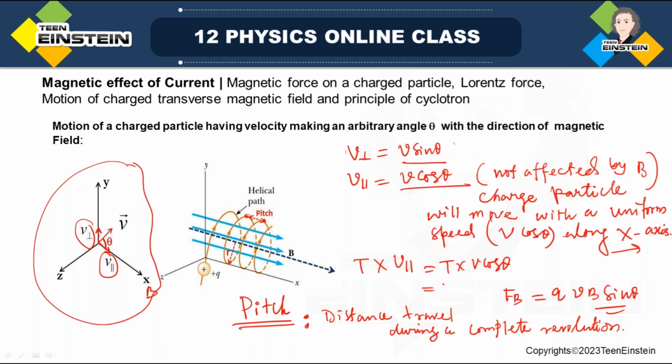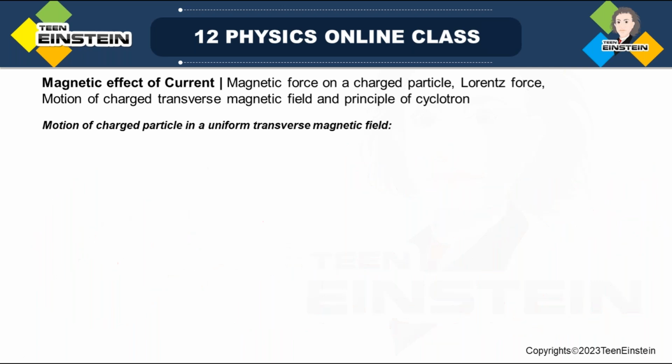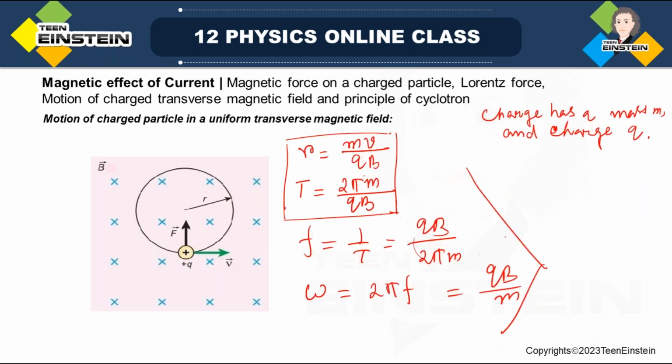So what is T? T is the time period, which is 2 pi r by v, actually 2 pi m by qB.